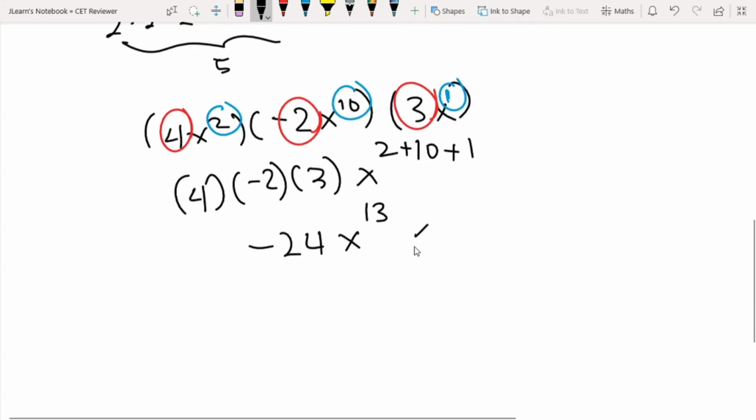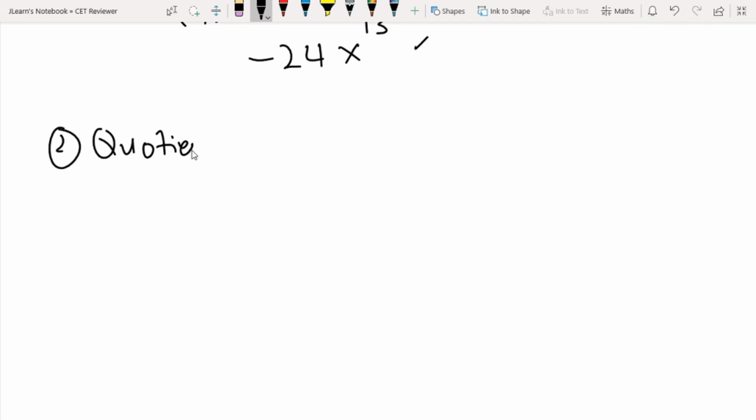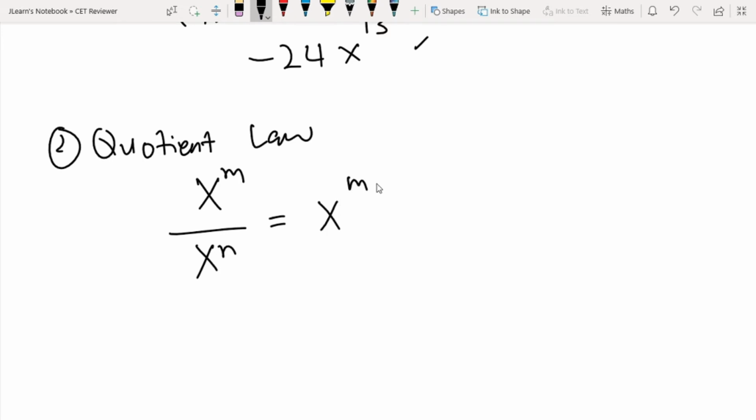The opposite of the product law is the quotient law. It just states that if you have x to the m over x to the n, wherein x is an algebraic expression again, and m and n are integer exponents, then x to the m over x to the n is equal to x raised to m minus n.